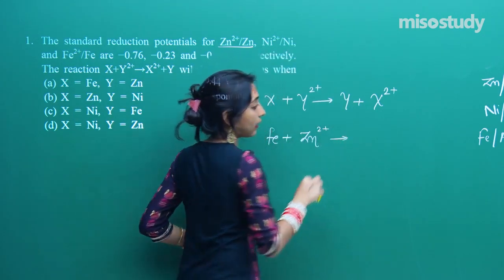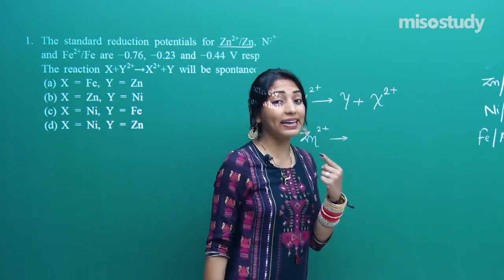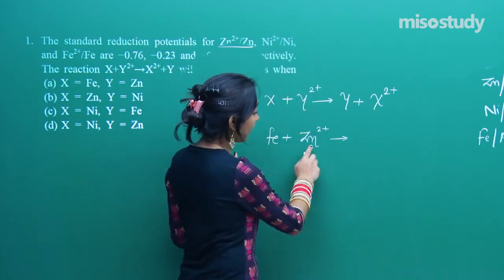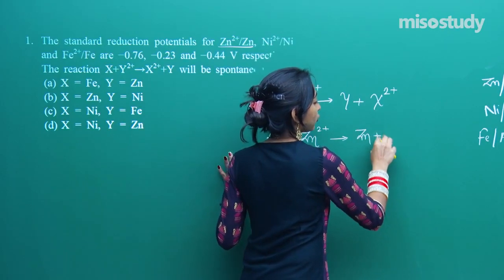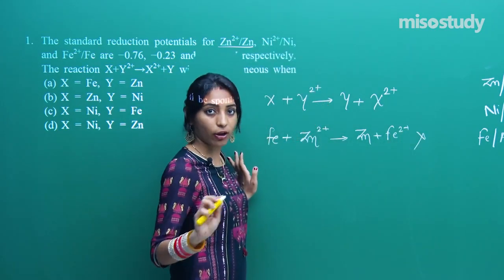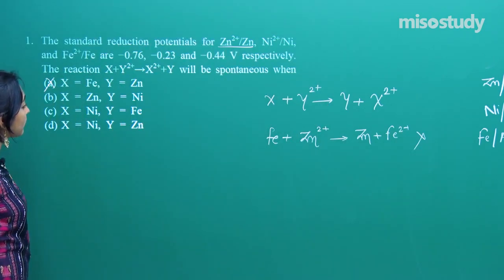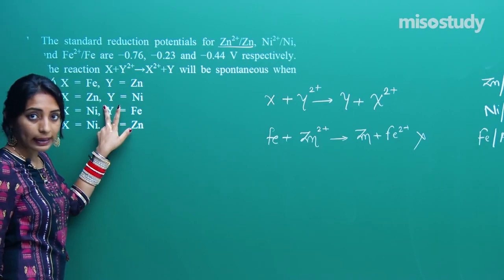I told you the tendency to undergo oxidation was greatest for zinc, and here it is saying zinc wants to undergo reduction whereas iron wants to undergo oxidation. No. This is not the correct option because this is opposite to what I have taught you. So this is wrong.